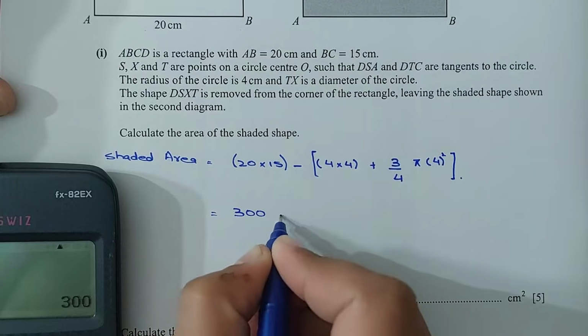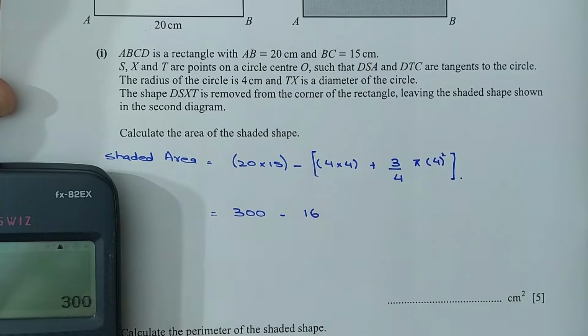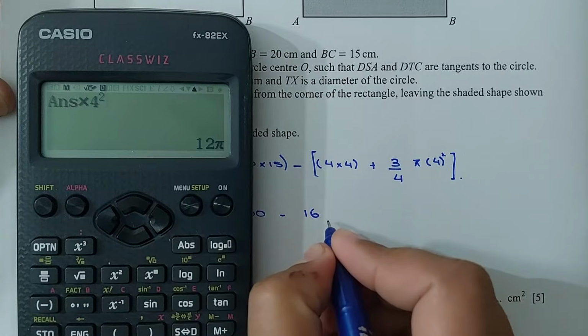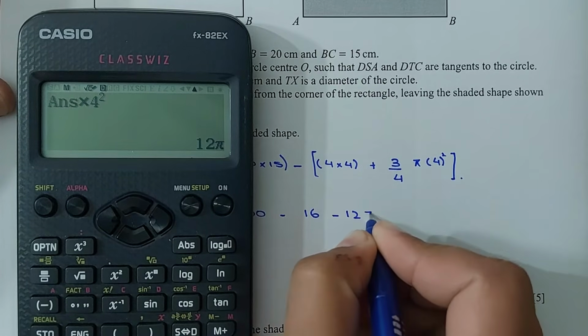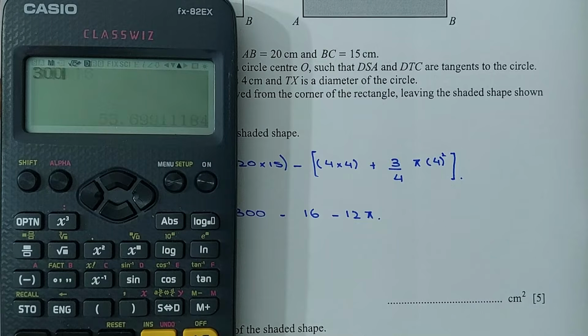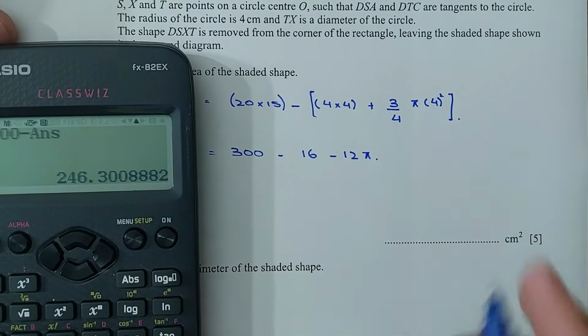From 300 we subtract 4 times 4, which is 16, and 3/4 times pi times 4 squared, which is 12 pi. Then from 300, subtracting this, the answer is 246.3, or 246 centimeters squared.